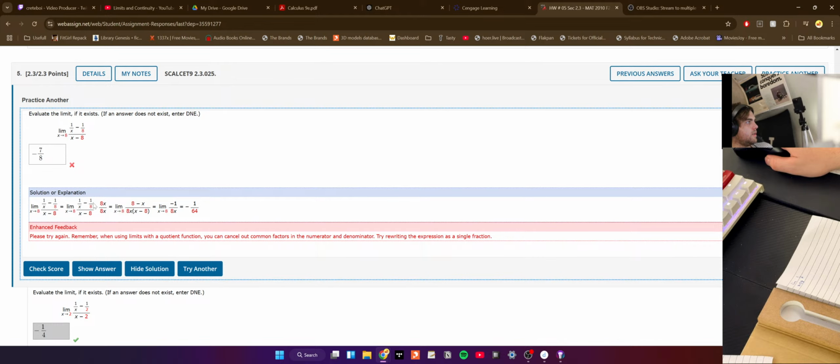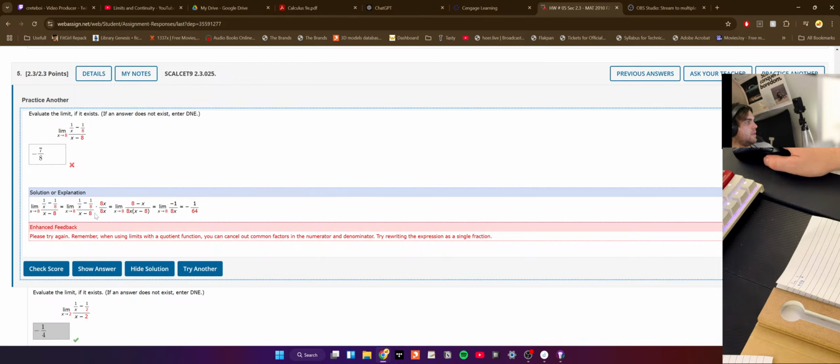That became 8. 8x over 1 times 1 over x gives you 8x over x, which is 8. 8x over 1 times 1 over 8 is 8x over 8, which is negative x.